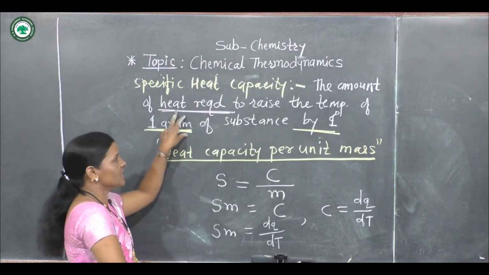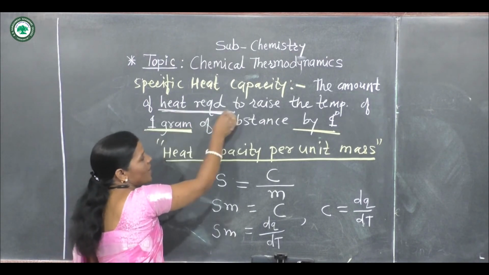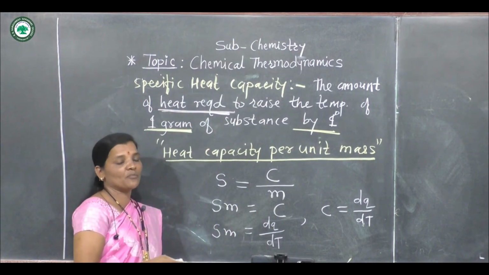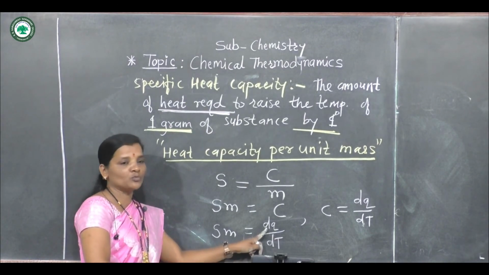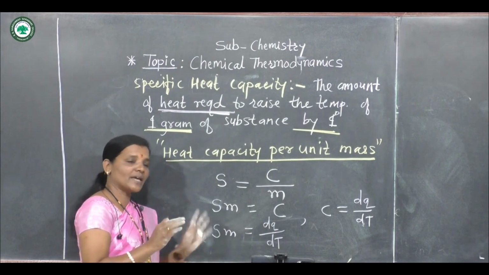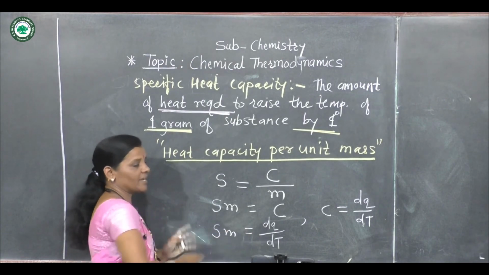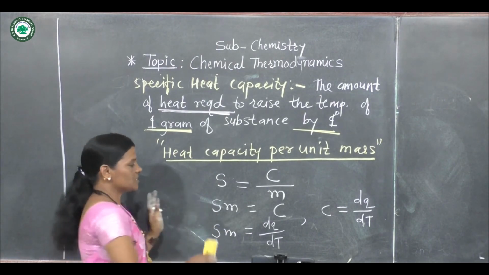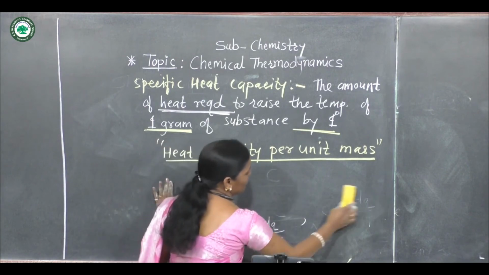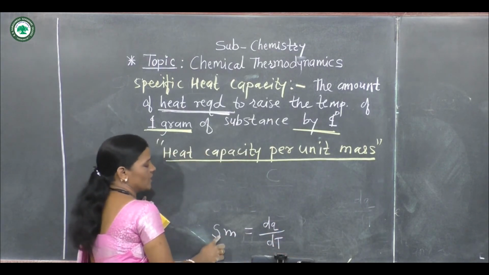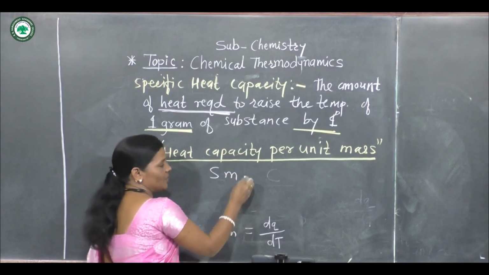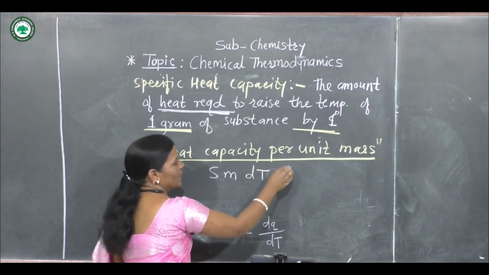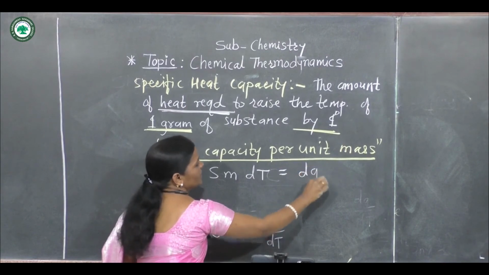Now in this case we have to find the heat required to raise the temperature of 1 gram of substance by 1 degree, so we have to find the value of dq. We can find it by cross multiplication. After simplification, S M as it is, dt becomes a multiple, and is equal to dq.